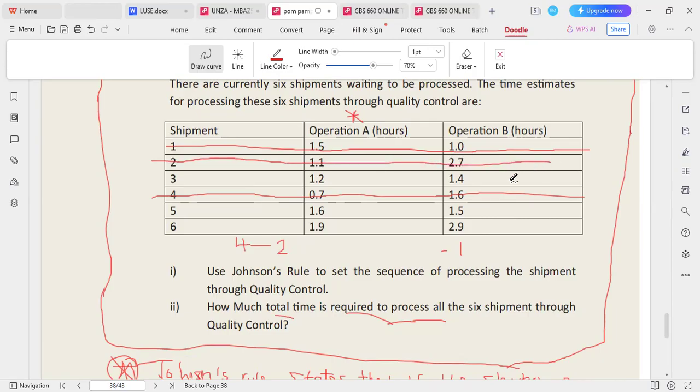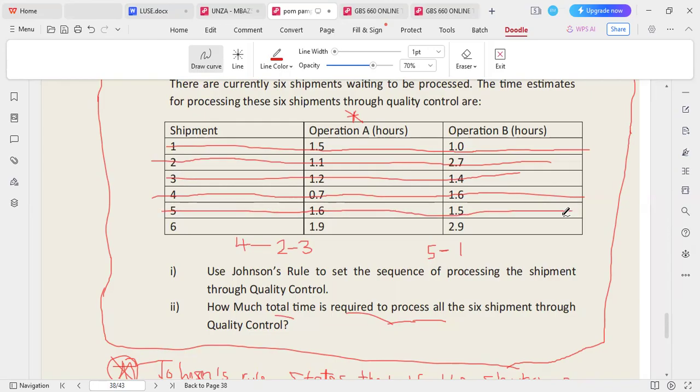Then for the remaining times, it is 1.2, which is in operation A, so job 3 will be done after 2. The smallest time for the remaining jobs is 1.5, which is in operation B, so job 5 goes toward the end.